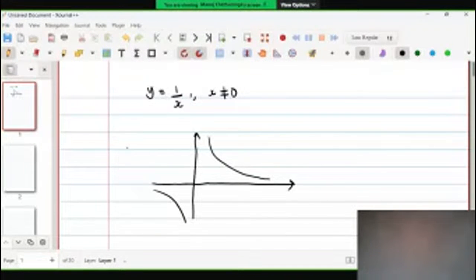So x equals 0 is the Cartesian equation of the y-axis.